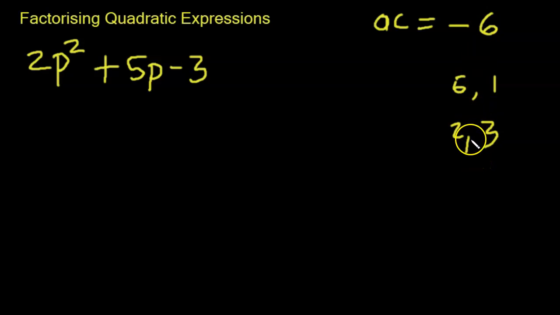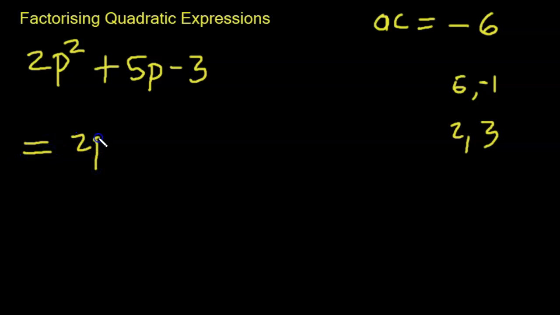So it couldn't be 2 and 3. It would have to be 6 minus 1, or -1 plus 6. Remember, the two numbers must multiply to give you AC, which is -6. And when you add or take away, you must get +5. So we're using the 6 and the 1.